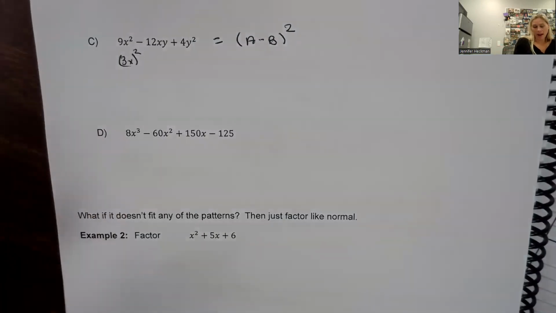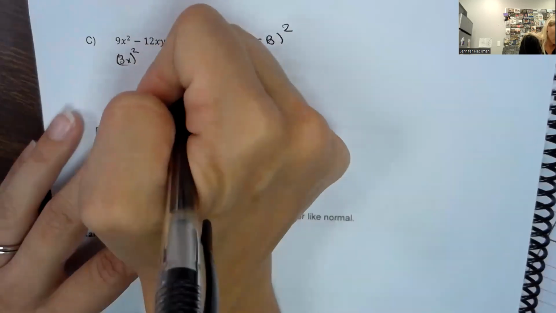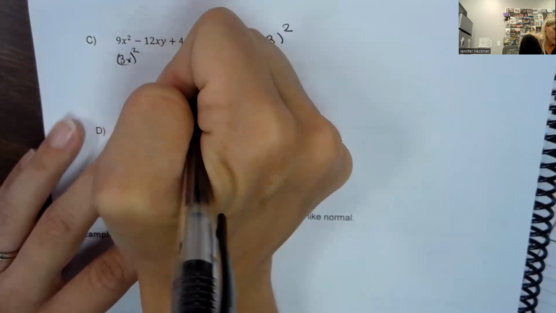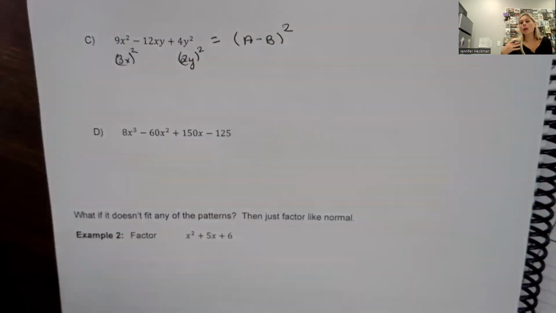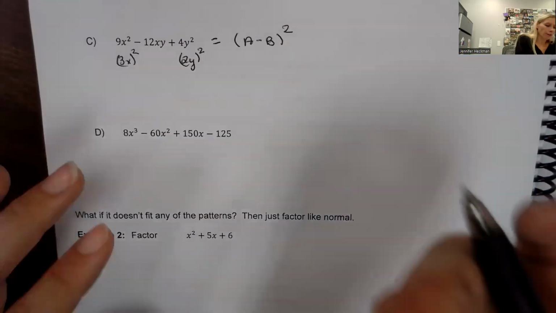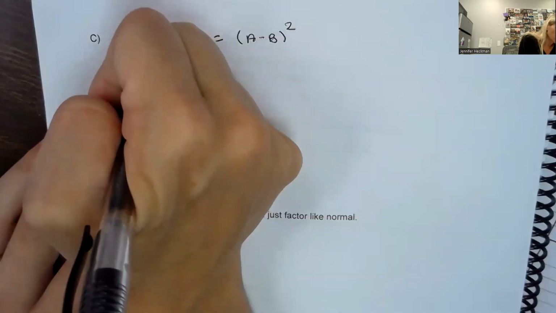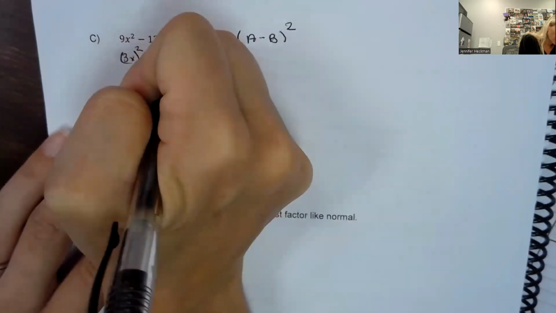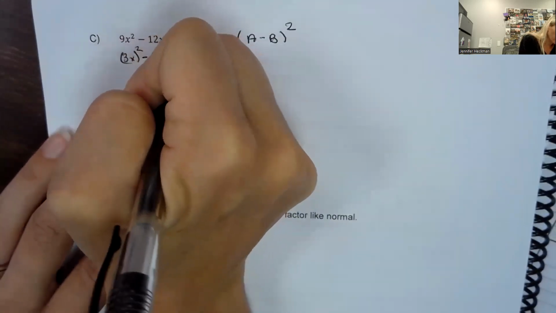Because we're identifying a and b. And on the outside here, this would be 2y squared. Again, if you want to prove it to yourself, remember that inside term should be negative 2 times our a times our b.